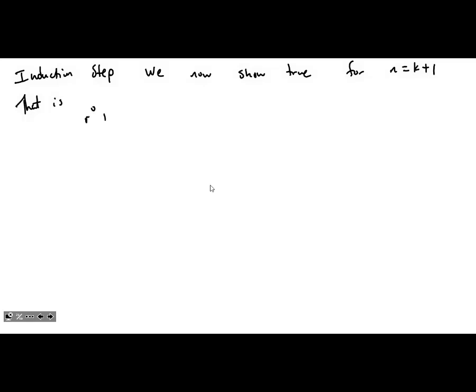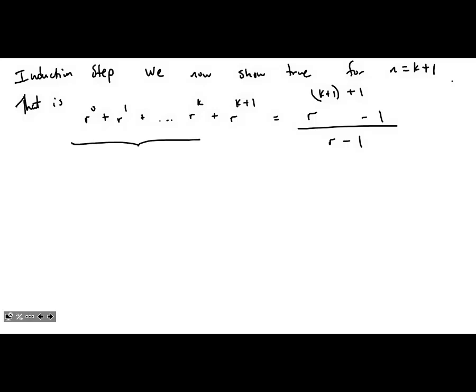That is, r to the 0 plus r to the 1 all the way out to r to the k plus r to the k plus 1 needs to equal r to the k plus 1 plus 1 minus 1 over r minus 1. I need to show that this is true. Okay? Well, take a look at these first k plus 1 sums. r to the 0 plus r to the 1 all the way out to r to the k. This is the inductive hypothesis.